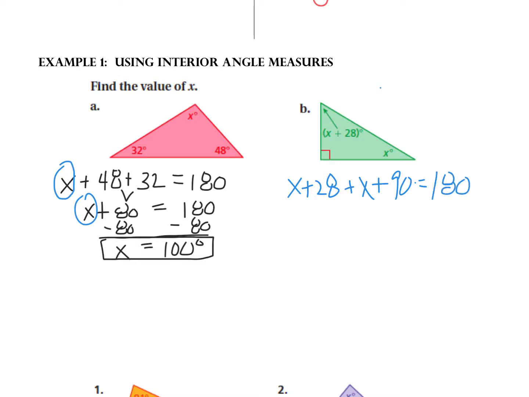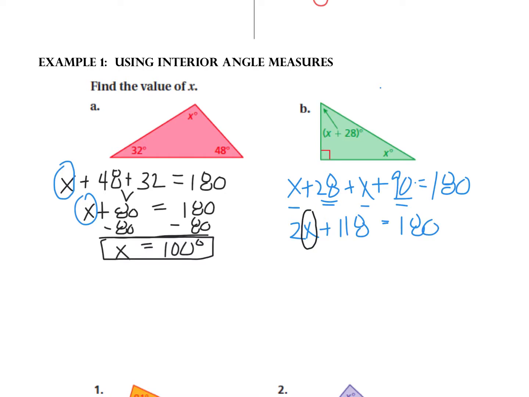it equals 180. So again, as we did back in the fall, we can combine like terms. x's can go with other x's, so x plus x equals 2x. I can add 28 to 90 to get 118. Now remember, we're trying to solve and get x by itself.